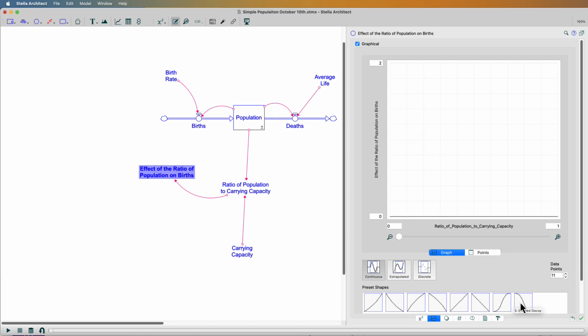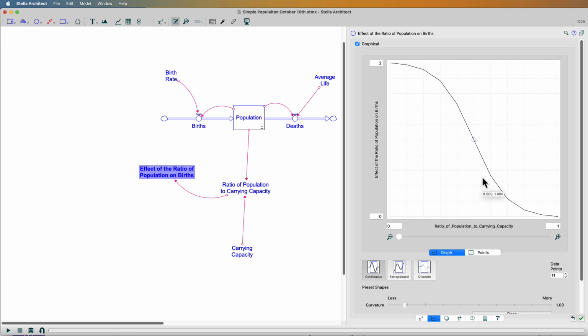So I'm going to pick this negatively sloped S-shaped decay graph. And you can see this is the 1 point. So when I am halfway to reaching my carrying capacity, that's when it will be 1. When I'm above halfway to my carrying capacity, I'm going to be saying that I'm going to have fewer and fewer births as I approach this capacity. So I have now made this nonlinear function that I've included in my model.